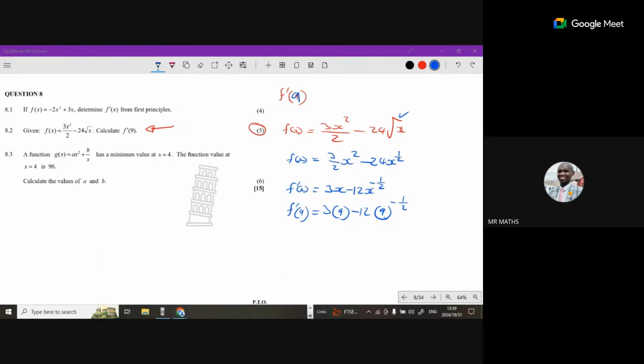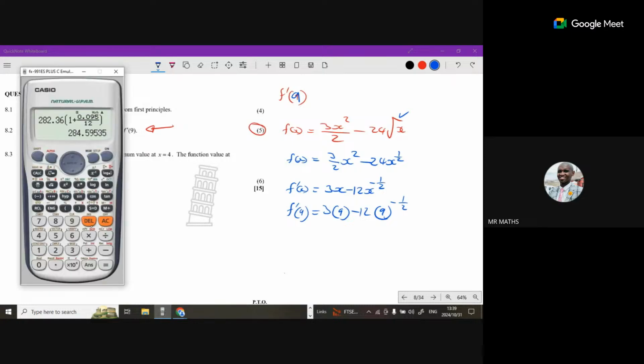Okay, now let me punch it on my side. Not that I don't trust you, you know that. If there's anyone that I trust, it is you. Wow. Okay, into 9 to the power of negative 1/2.